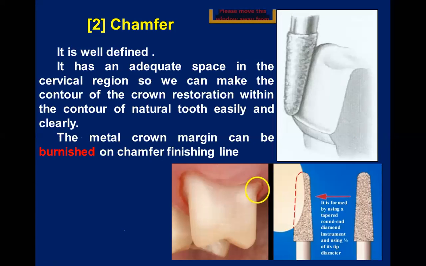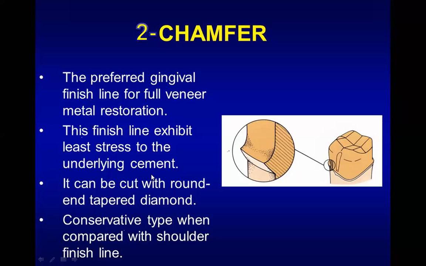It is more prominent. We cut more from the tooth structure and we use a new type of burr. Again, it is the preferred gingival finishing line for a full veneer of metal, a full metal crown. And this finishing line will have more support on the tooth structure because of its width.